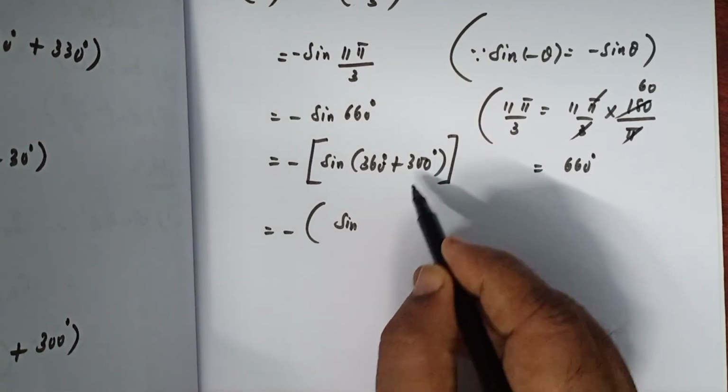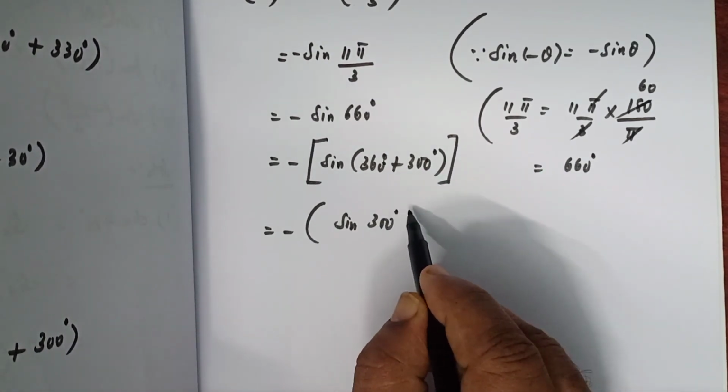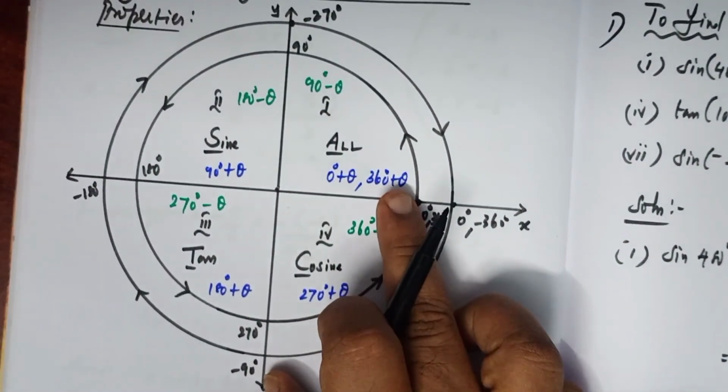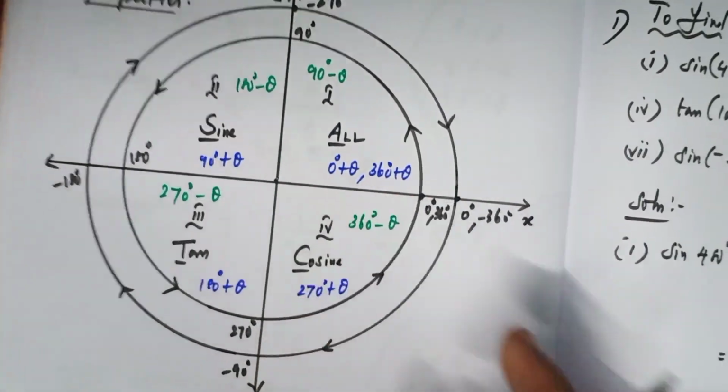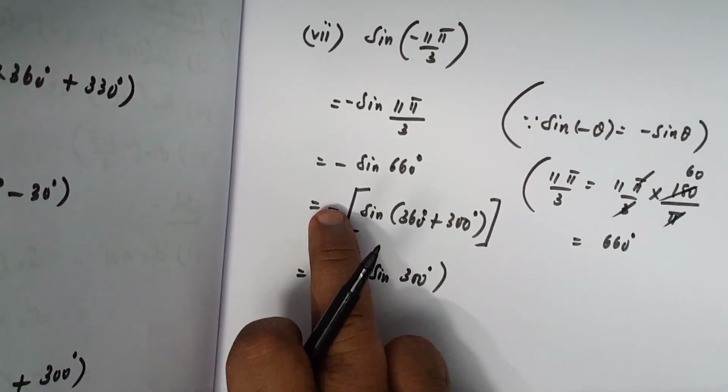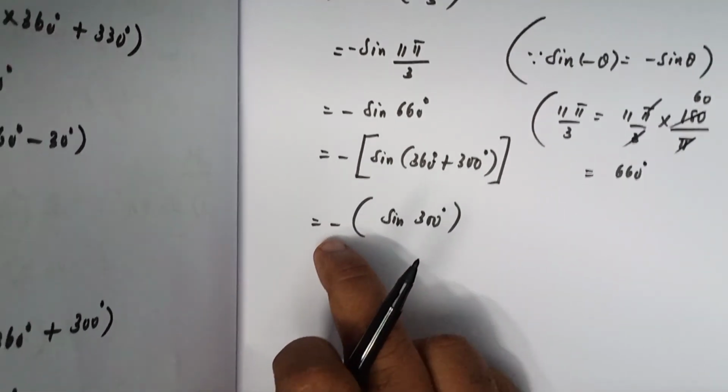What's the angle over here? 300 degrees. Now 360 plus lies in which quadrant? 360 plus lies in the first quadrant only, all positive. So outside the bracket we have sine, therefore it is positive, it is also positive. This minus I have already written, don't get confused over that.